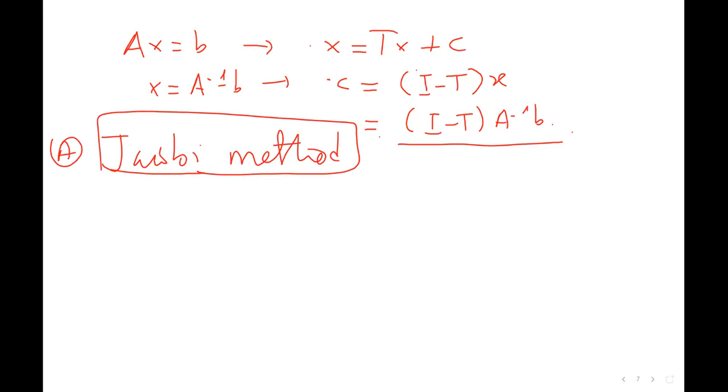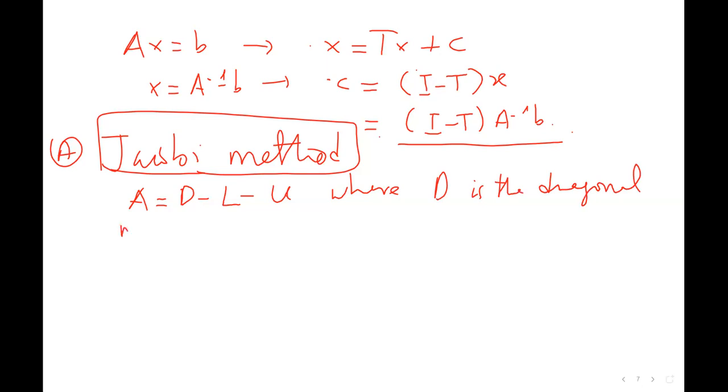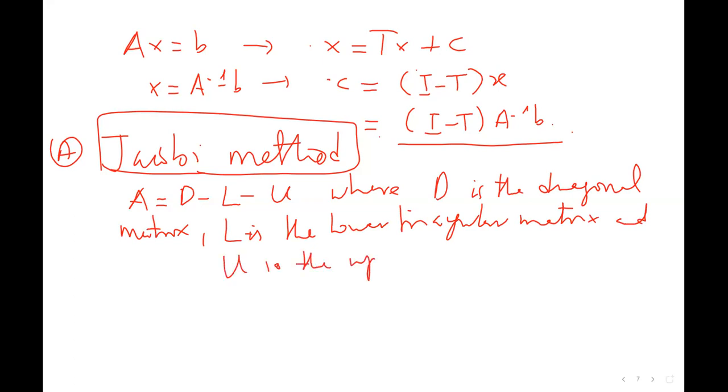So for the Jacobi method, you write the matrix into the form D minus L minus U, where D is the diagonal, L the lower triangular matrix, and U is upper triangular.